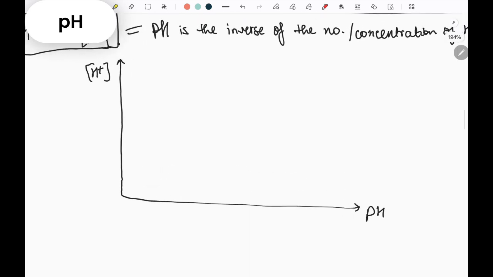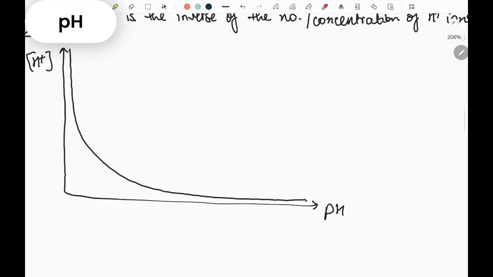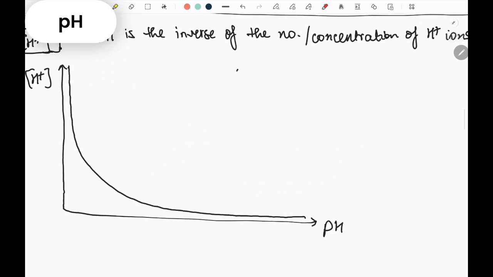So drawn on a graph, if this is pH on the x-axis and the y-axis is our protons, the smaller the pH, the larger the number of protons, and the bigger the pH, the less number of protons. So just so that we get that clear, higher pH means less protons, and a lower pH means greater protons.